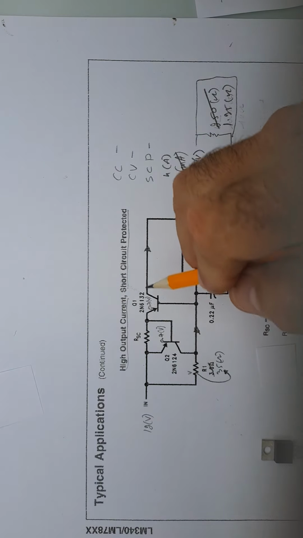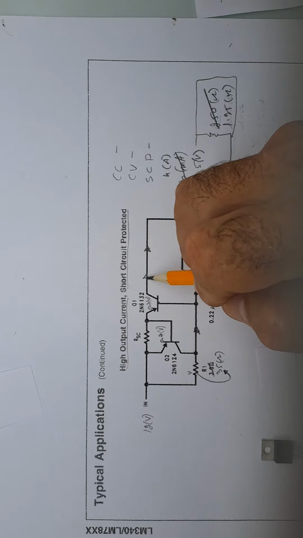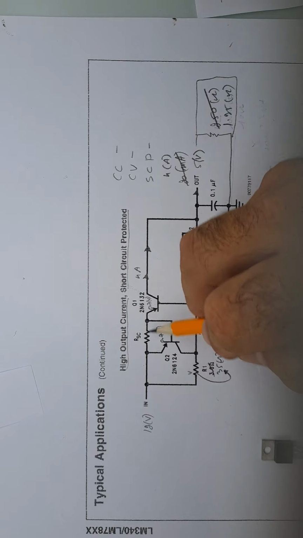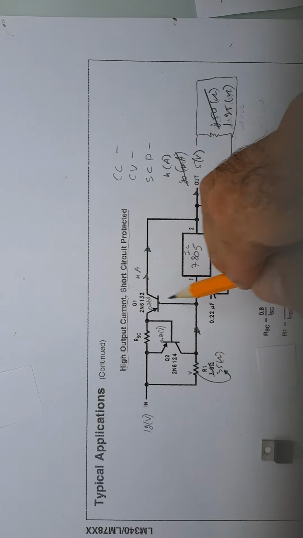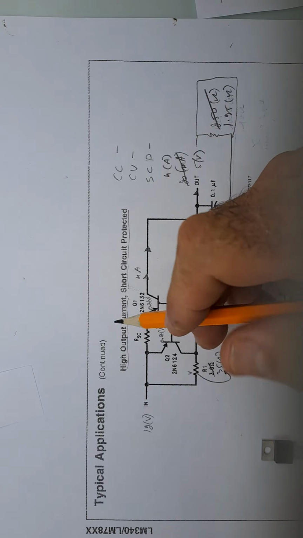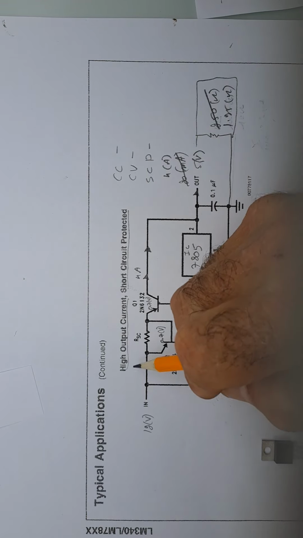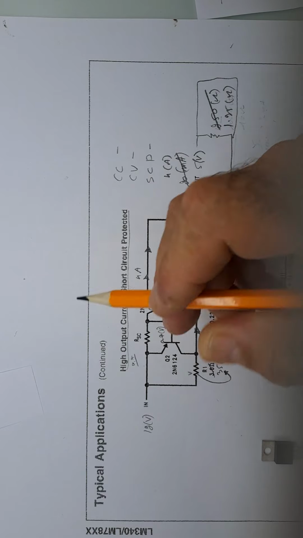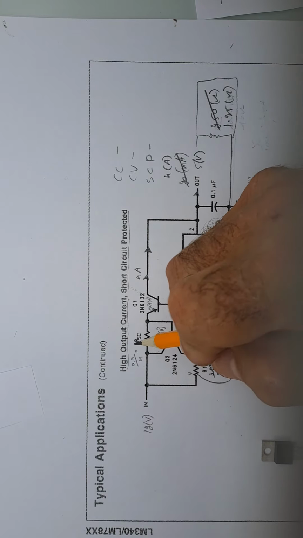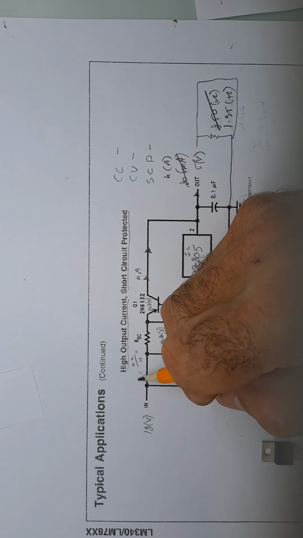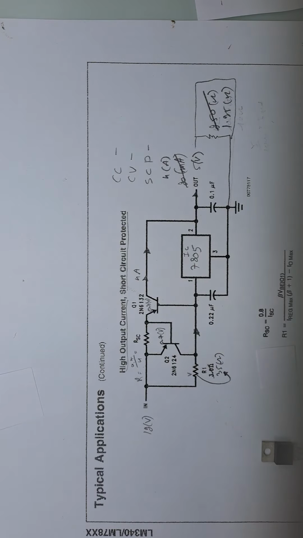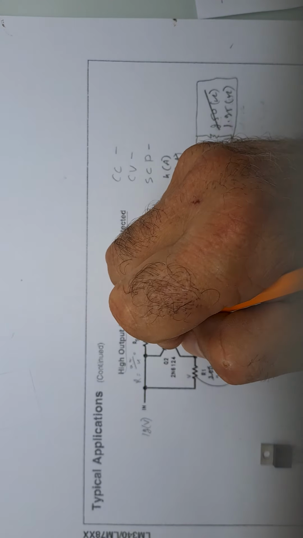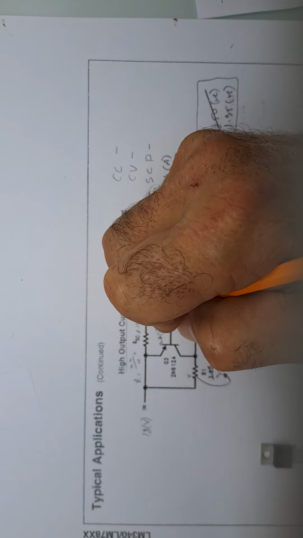So if we want for current 4 amps here, which is the same here, this transistor is also conducting. We need to take 0.7 volt, divide by this resistor, or by 4 amps. We get R equals 0.7 divided by 4, 0.175 ohm.